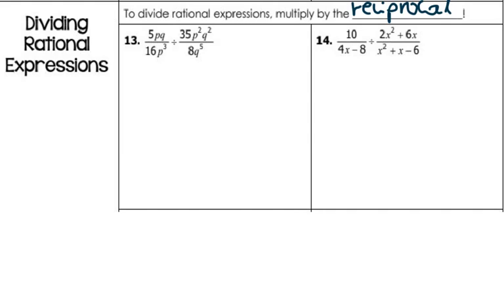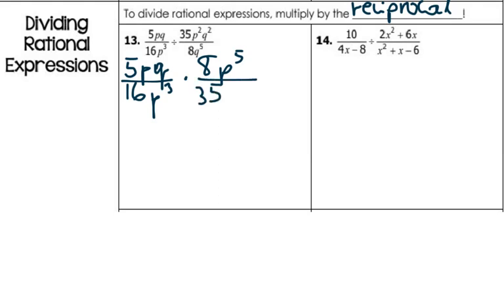Which means you keep the first fraction without changing anything, and then you're going to multiply by the reciprocal of the second fraction. After that, you need to multiply across, or you can simplify and reduce coefficients before you do that.